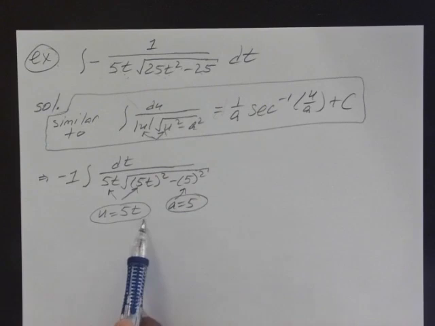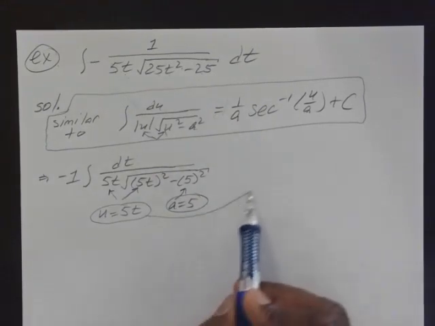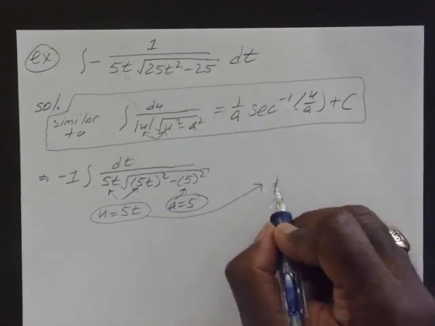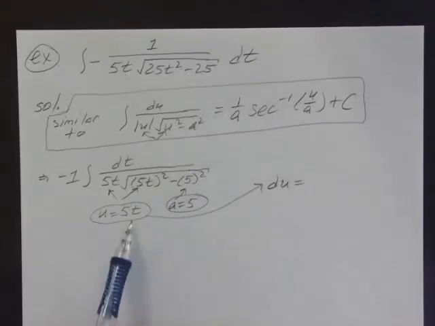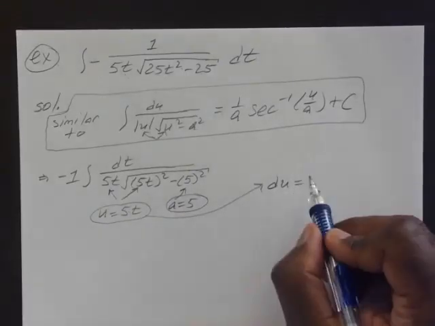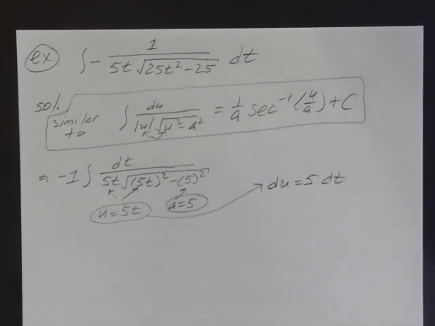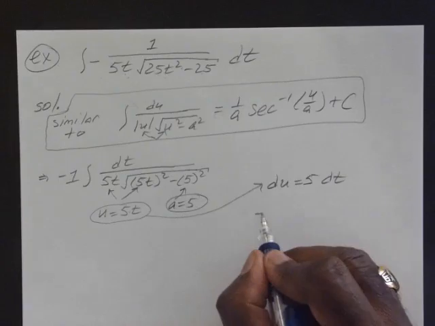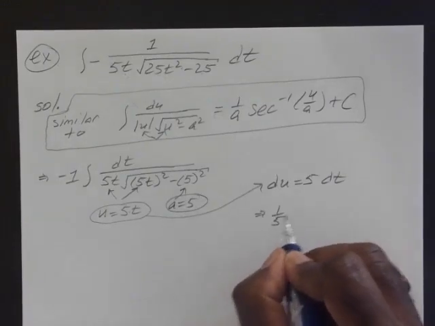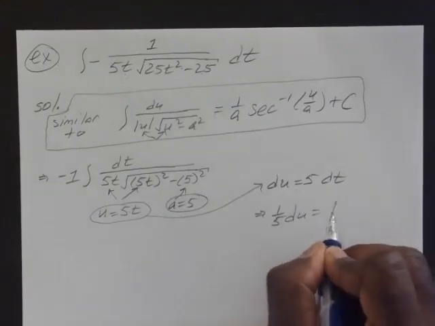Well, if u is equal to 5t, that means we know that the derivative of u is equal to the derivative of 5t, which is just 5 with respect to t. So if we divide both sides by 5, we get 1 over 5 du is equal to dt.